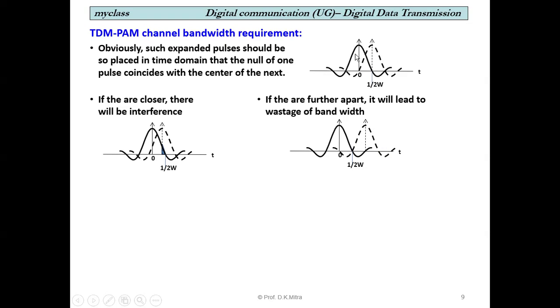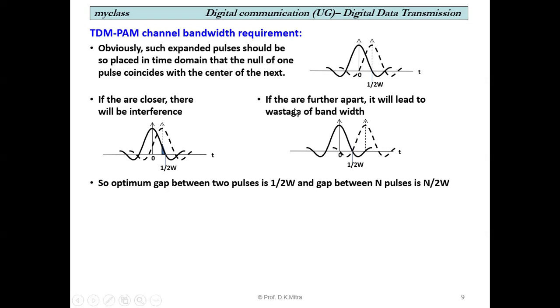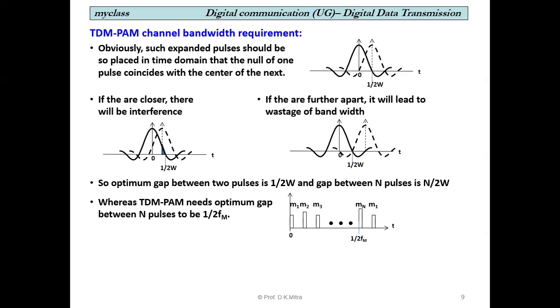If we adapt to this situation, the optimum gap between two pulses must be 1 upon 2W. And what is W? W is the band limitation of the channel or the cable that you have purchased from the market. So if the gap between two pulses is 1 by 2W, then the gap for n pulses is n by 2W, right?